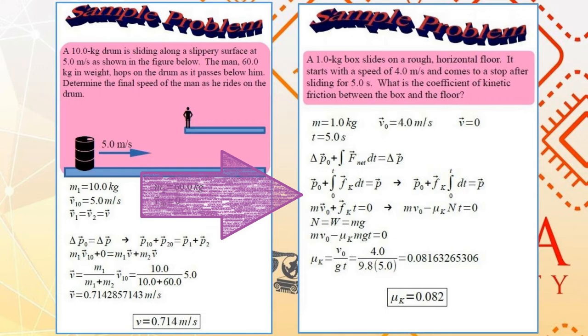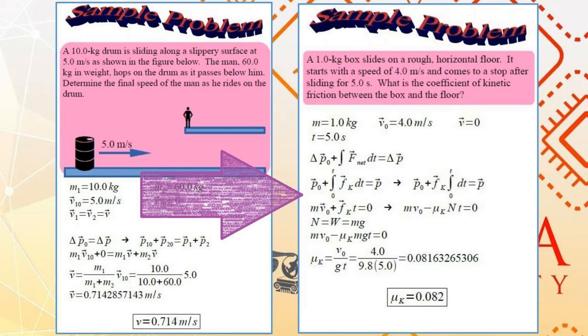Initial momentum plus the integral of f sub k dt is equal to p. Now, kinetic friction is constant or relatively constant, so we can bring it out of the integration. So basically, we are just integrating dt, which will give you t. Expanding our momentum to mass times velocity, we get the following equation. m v initial plus f sub k t is equal to 0, final momentum being mass times final velocity, and final velocity is 0.